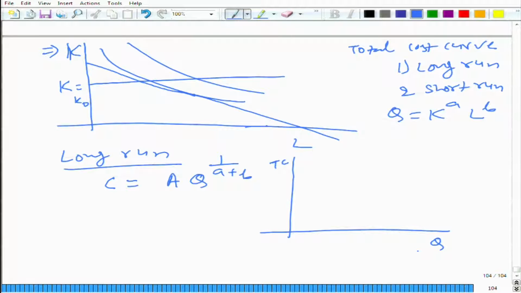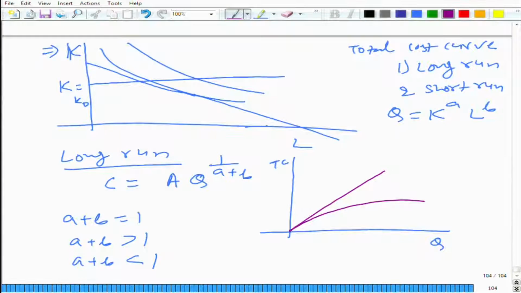With respect to output. Of course, it will depend on the values of A and B. Let us derive it for 3 cases: when A plus B is equal to 1, A plus B is greater than 1, and A plus B is less than 1. When A plus B is equal to 1, what do we get? Straight line. When A plus B is greater than 1, what do we get?